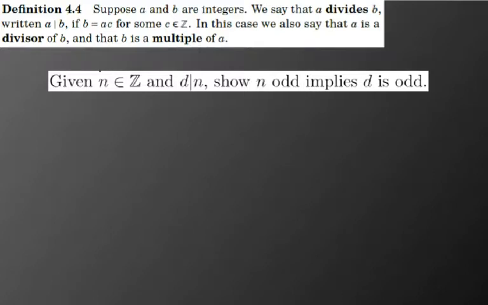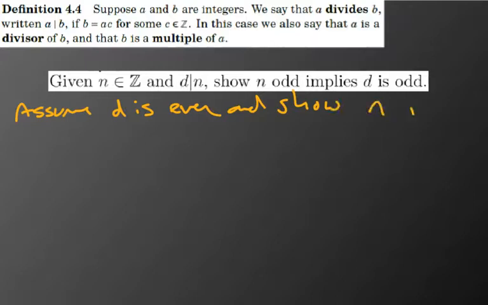So we will assume that D is even and show N is even. I'm going to even try to write this up kind of nice. So we assume D is even and show N is even.